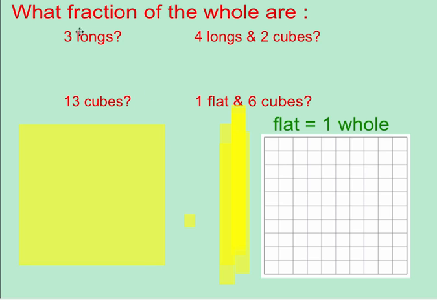What fraction of the whole would be 3 longs? If I were to put 3 longs on here, since 10 makes up a complete set, and I'm only using 3 of them, it would be 3/10. How about if I had 13 cubes?